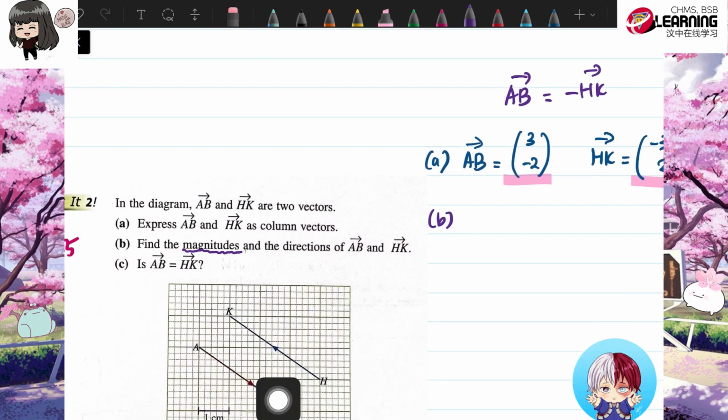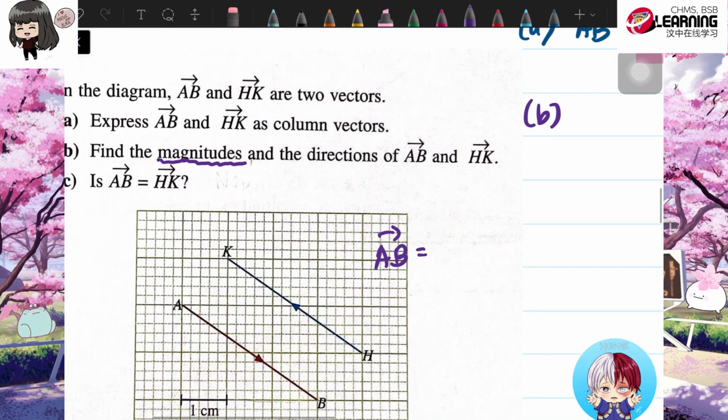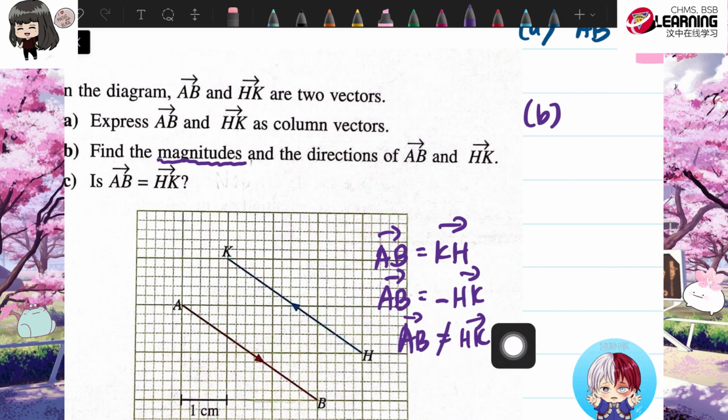And AB is equal to KH, A to B, KH going this direction. Or you can say AB is equal to negative of HK, going the opposite direction. But AB is not equal to HK. They are not the same vector.